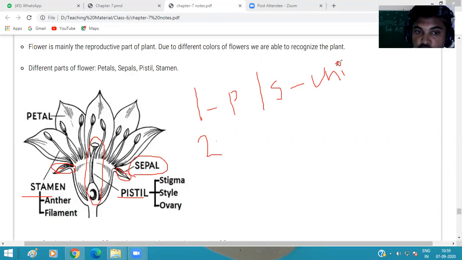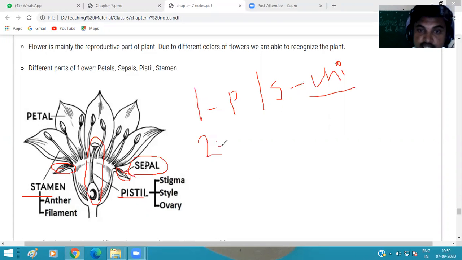It means it has only one sexual part: either it has a pistil or it has a stamen. In this case we call it a unisexual flower.